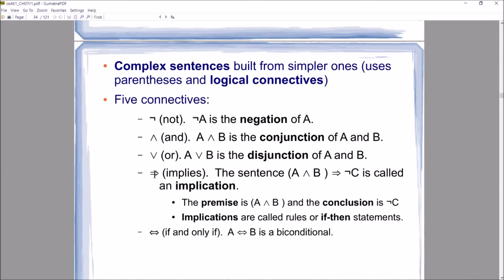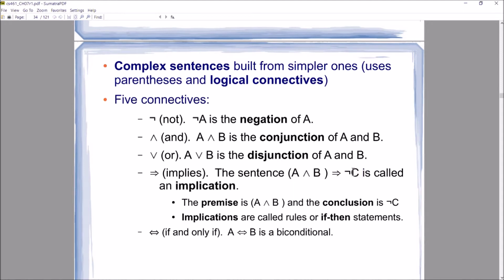We got implication, which is this arrow, right? So in the text it uses this kind of open bodied arrow here, but it's an arrow. So the sentence A and B implies not C, this right here, this is a complex sentence. You've got a bunch of connectives, right? And you're using your parentheses. So this right here, this is called an implication.